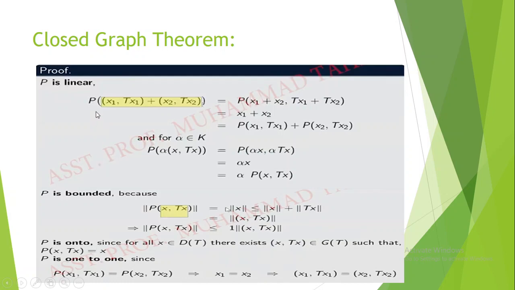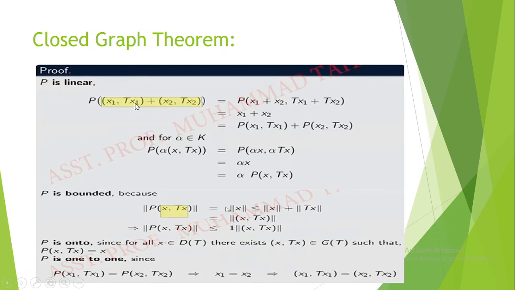Now first of all, we will say that P is linear. How? We prove the properties of a linear operator. So first we take two ordered pairs, meaning these ordered pairs belong to the graph of the operator.